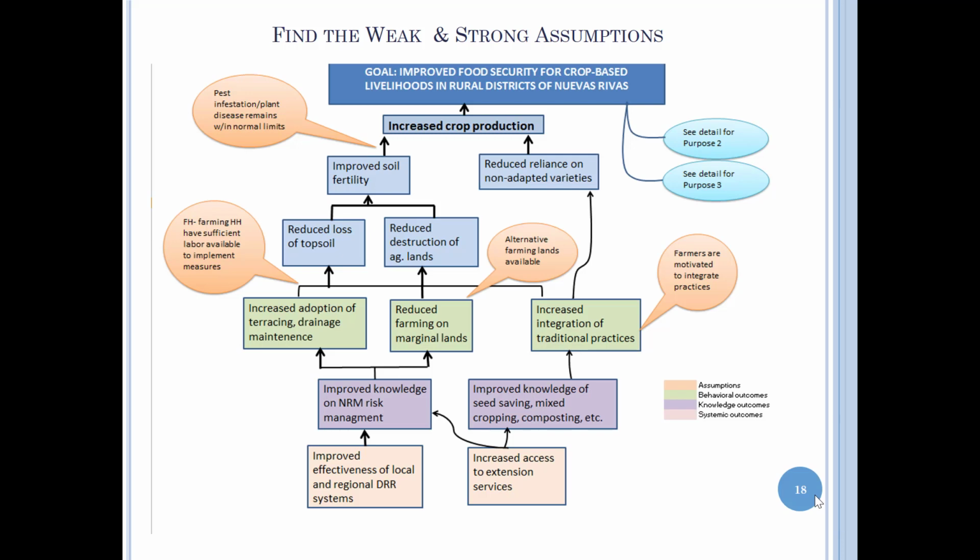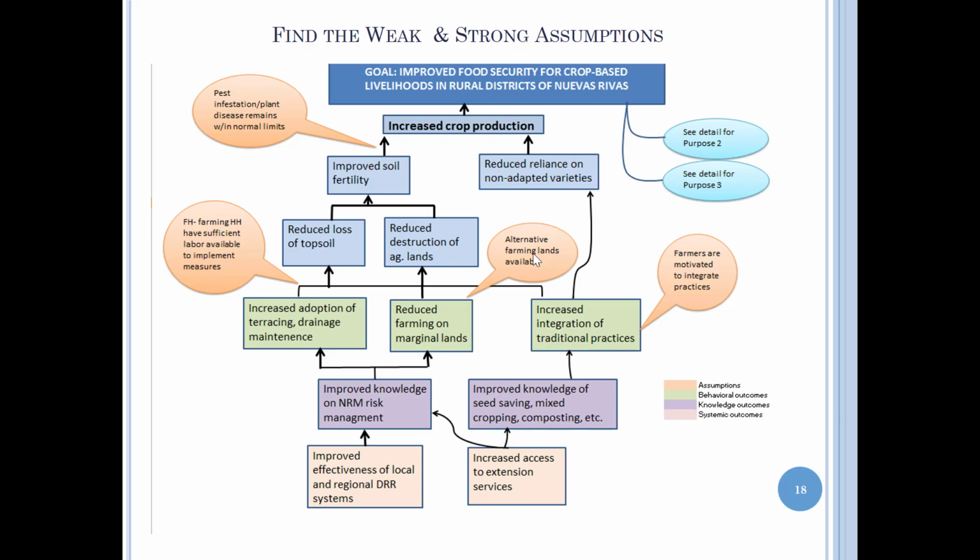Some more examples on pitfalls and weak and strong assumptions. Let us look at this here. Reduced farming on marginal lands will reduce destruction of agricultural lands. And the assumption, the condition for this to happen, is that alternative farming lands are available. This is a weak formulation. You should find out if they are available or not.